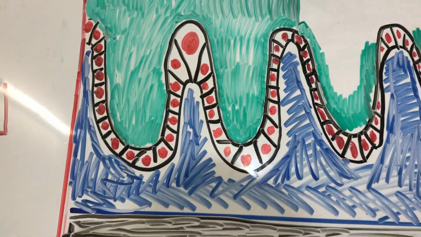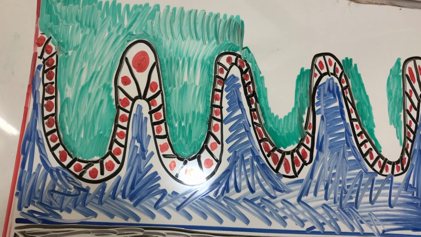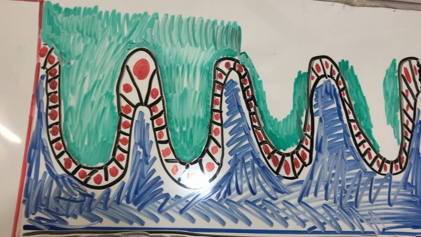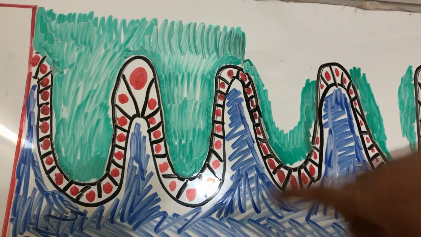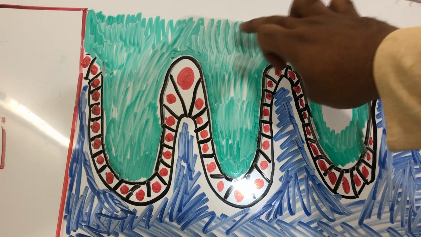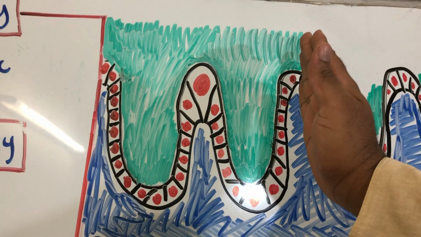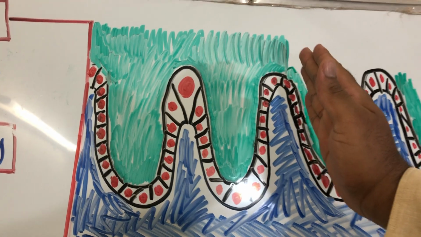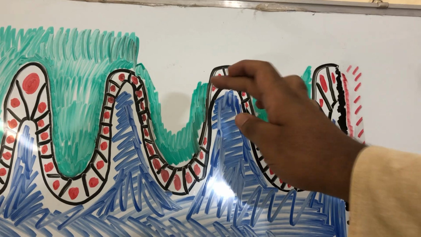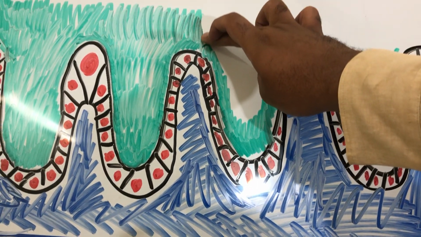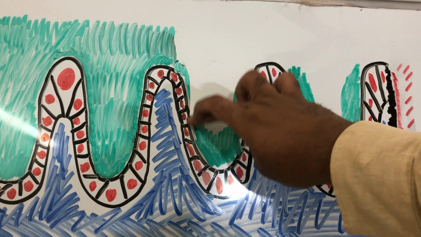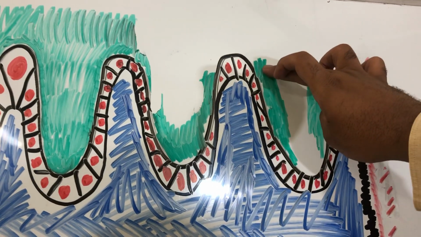So what happens is a defect ensues that causes disappearance of this green layer. So up to here we have an intact mucus layer. But if we move to this part, we see that that green stuff starts to diminish, starts to decrease.